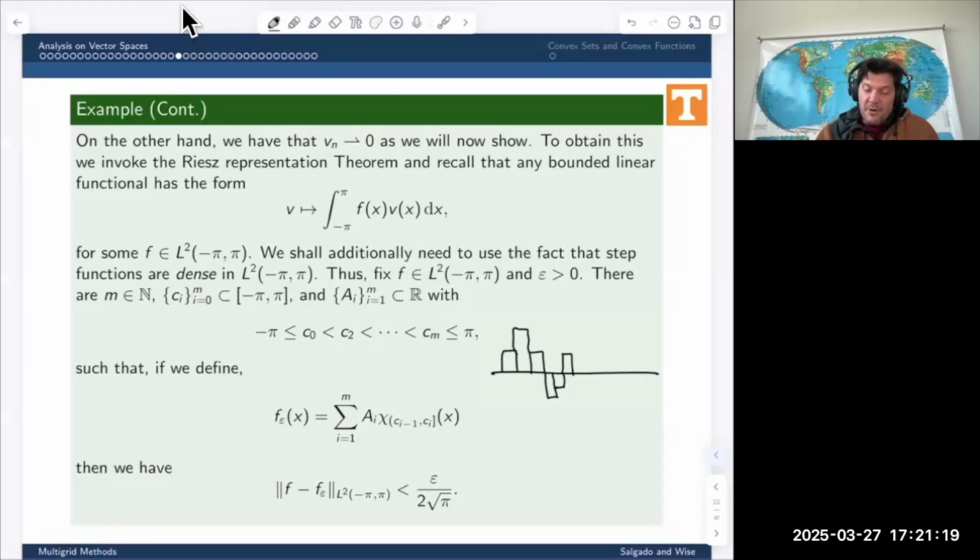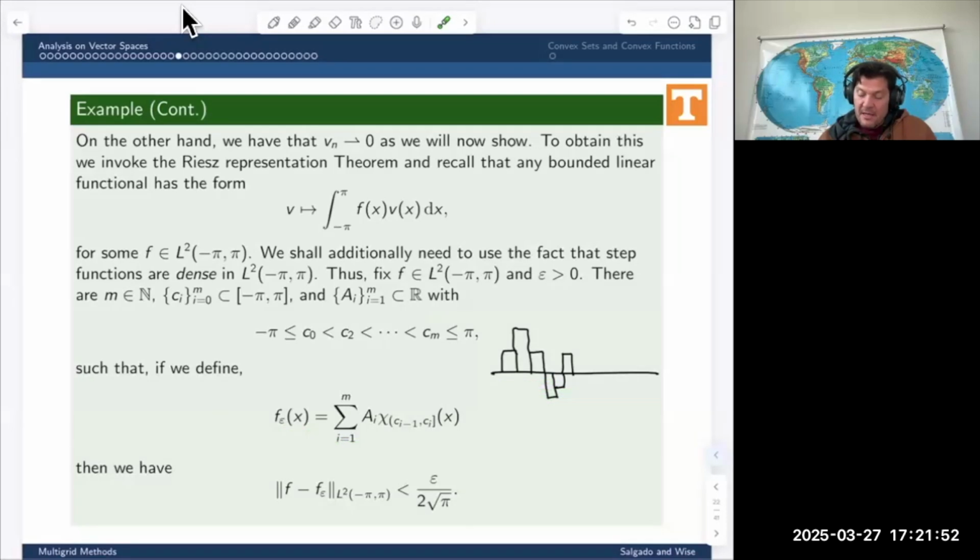You just need a partition, and the partition is given by these numbers ci, i equals 0 to m, arranged in increasing order, right? So we're claiming that all functions like this are dense. So I can get arbitrarily close to f in the L2 norm with a function which looks like this, a so-called step function.